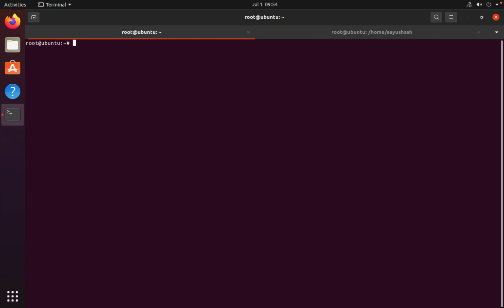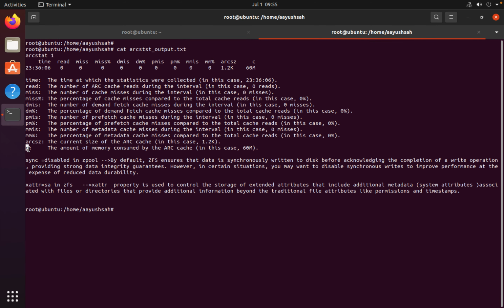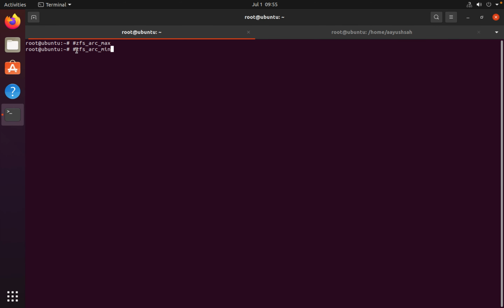We have two things that we need to tune, that is zfs_arc_max and zfs_arc_min. By tuning these parameters, we define the maximum amount of memory that can be used for this cache, and the minimum amount of memory that will be allocated for the cache.